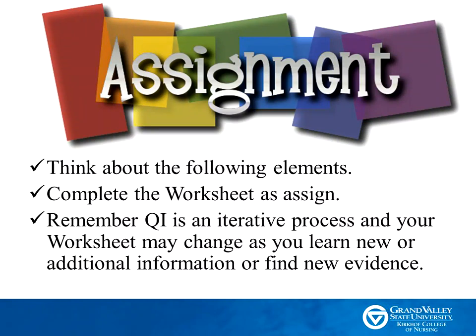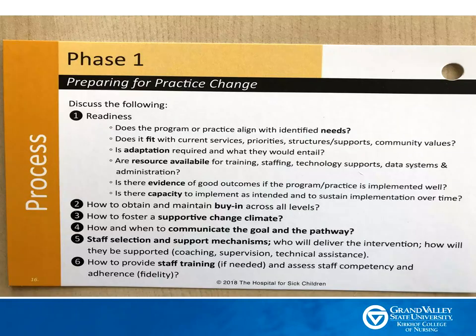So the assignment for this week is to complete your worksheet by doing your assessment. But remember, QI is an iterative process, and the worksheet may change as you learn new or additional information or find new evidence.